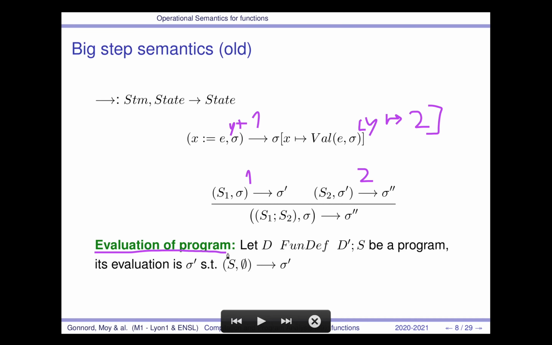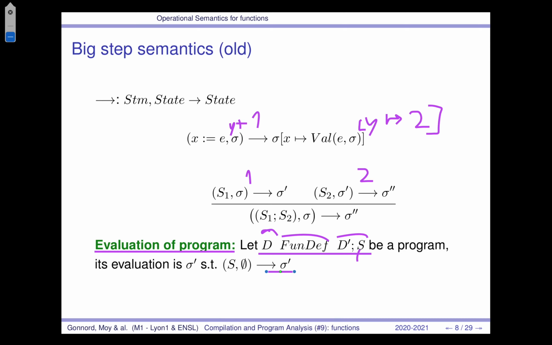The evaluation of a program states that if a program is this, which is exactly the syntax we've defined before, that is global variables, function definitions, and main and variables of the main, then to evaluate it, I take the statements that are here and put them in an empty store and it produces something. And that's what I will be trying to define now.